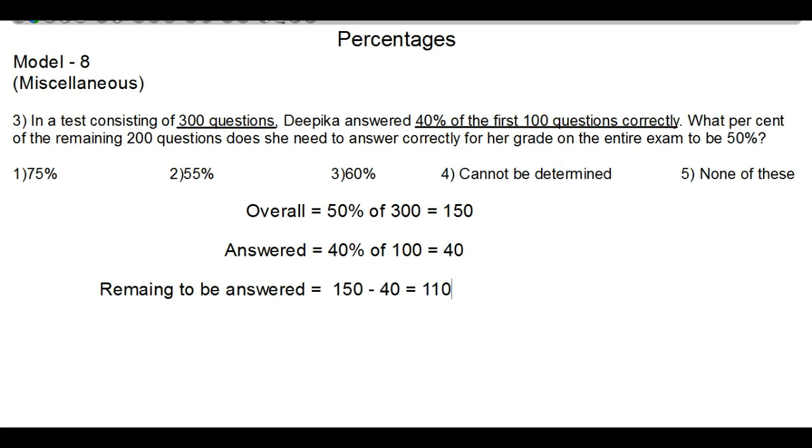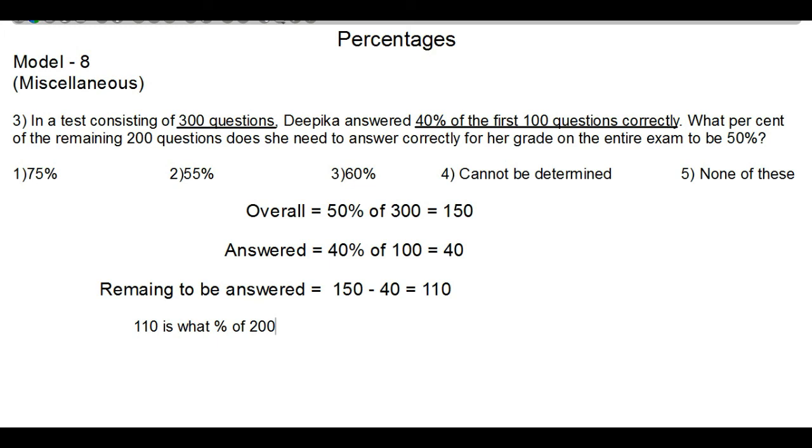So we need to find out what percent of the remaining questions she needs to answer correctly. That is, 110 is what percentage of 200. This is in the form of x is what percent of y, and we know that x is what percent of y should be taken as x by y into 100.